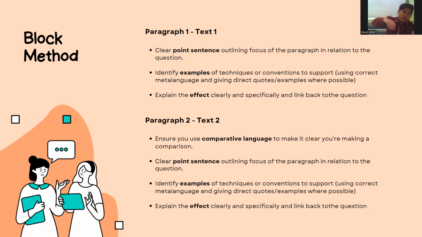The next is a clear point sentence outlining the focus of the paragraph in relation, same as the paragraph in text 1. We have to identify examples of techniques, as I mentioned in paragraph 1, and then again we have to explain the effect clearly and specifically, and link back to the question.